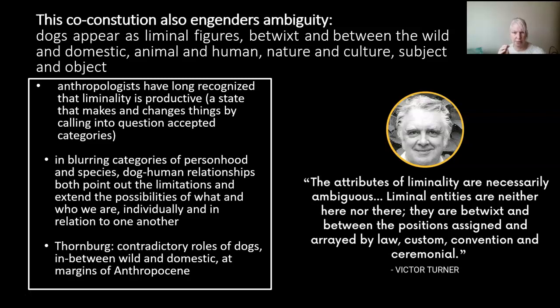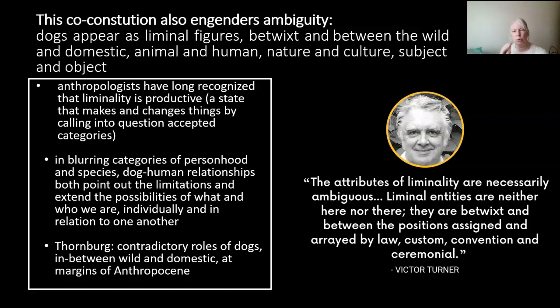So that concept of liminality is also really important for thinking about what we're talking about here, right? This sort of hybridity of animalness and personhood, and particularly the figure of the domesticated animal, and maybe even especially within that category, the dog, right?